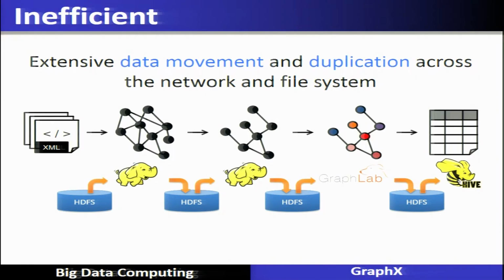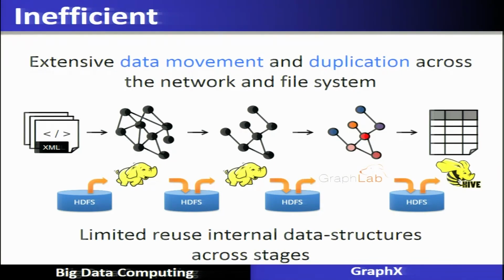Therefore, changing views from table view to graph view and back again requires the data to be moved through the HDFS file system. Hence, it will become inefficient in most scenarios.